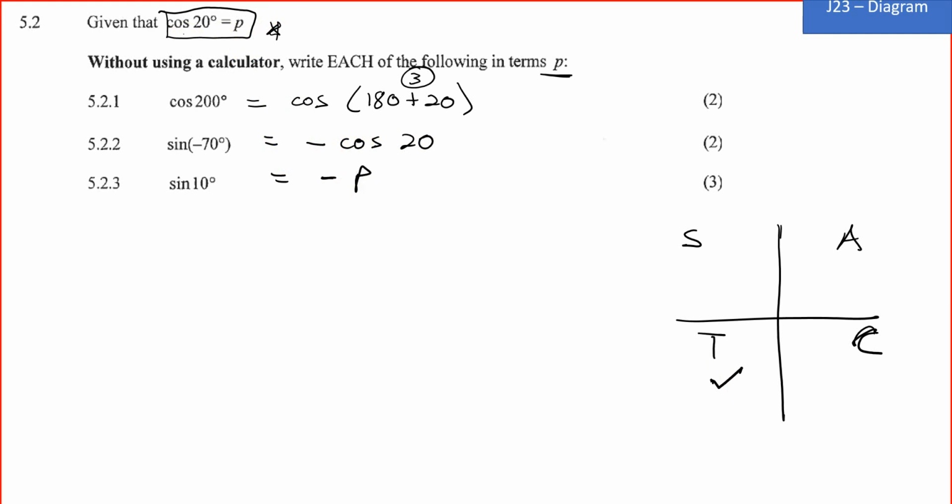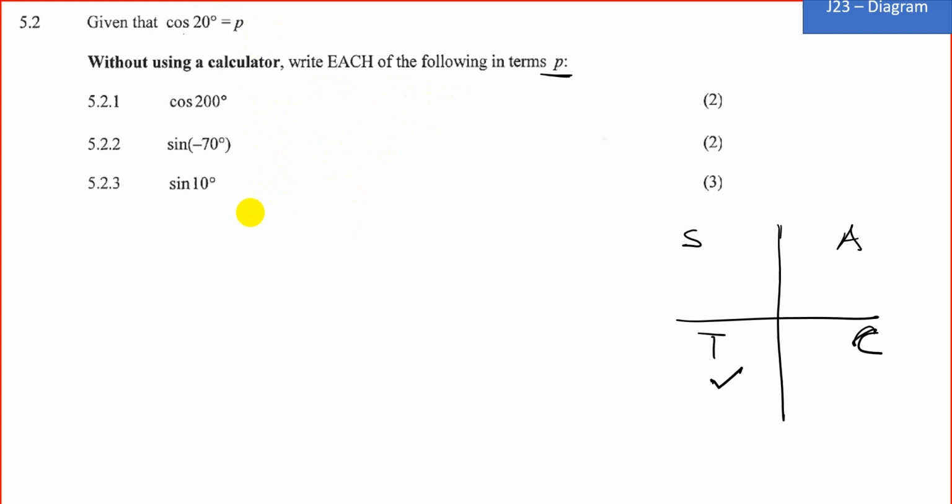We now go to the next question. In the next question, they give us sine of minus 70. Now, the rule for negative angles, you could reverse, and minus 70 takes you into the fourth quadrant, or you could just add 360 to this to find which quadrant you actually fall into.